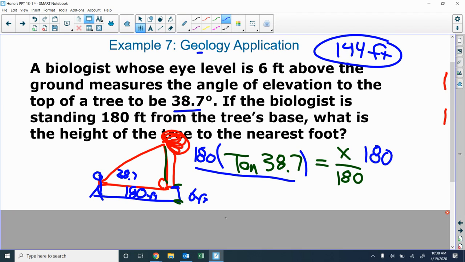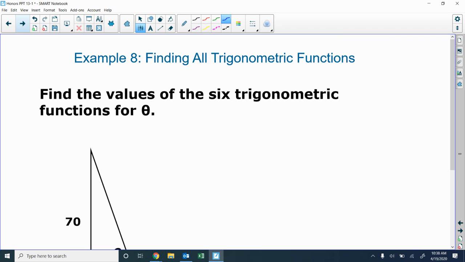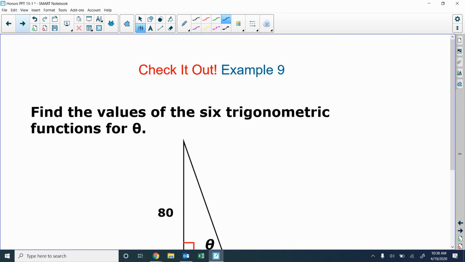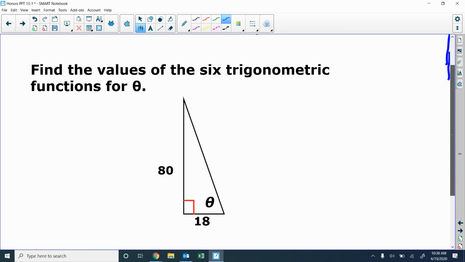All righty. Hopefully you're doing okay. And I'm going to move on now. I think we're getting close. You can find the 6 trig values. I'm not going to do that one now. Hopefully, remember, this is where we're going to need to use the Pythagorean. Get your other sides. There we go. Use Pythagorean, get your hypotenuse, and write out your 6 trig values there.